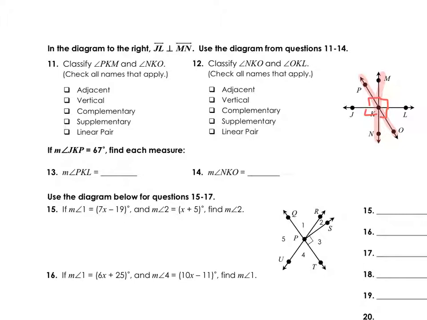Now I want to, sorry, hope this isn't messing up. And I'm going to erase these. Again, remember those are right angles there. Number 12, they want us to, again, check all that applies. So it's NKO and OKL. I'm going to use a different color, right there.